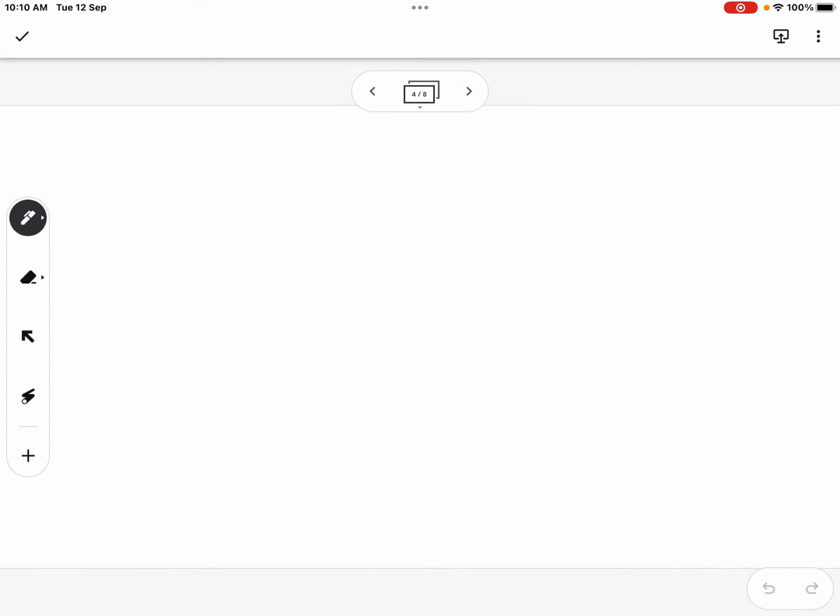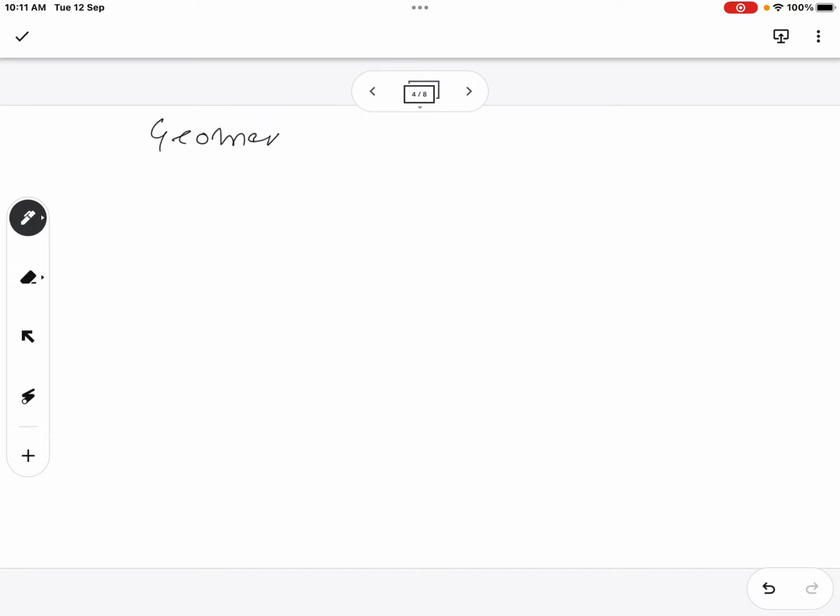Now we have seen analytically how we can derive the formula for the Newton-Raphson method. But then what does this mean geometrically?